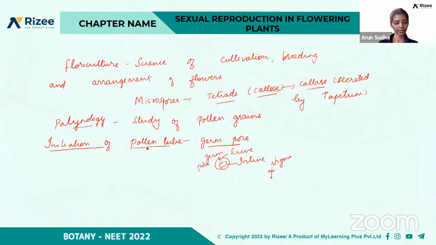And what cells are found in a pollen grain when it is shed at the 3-cell stage?